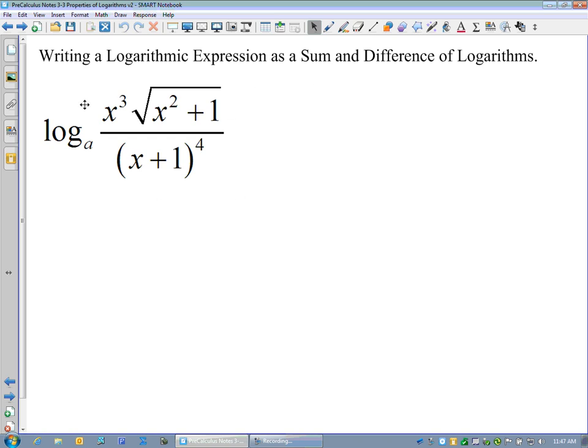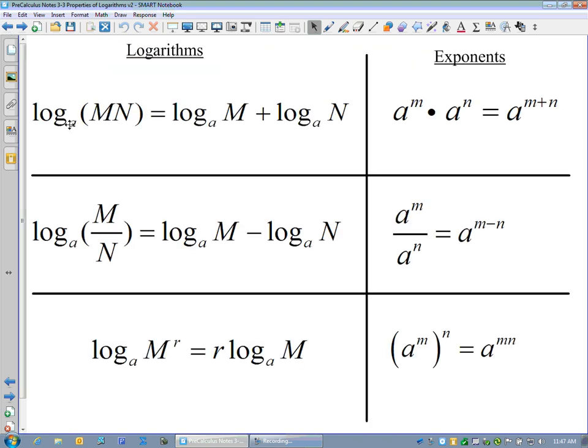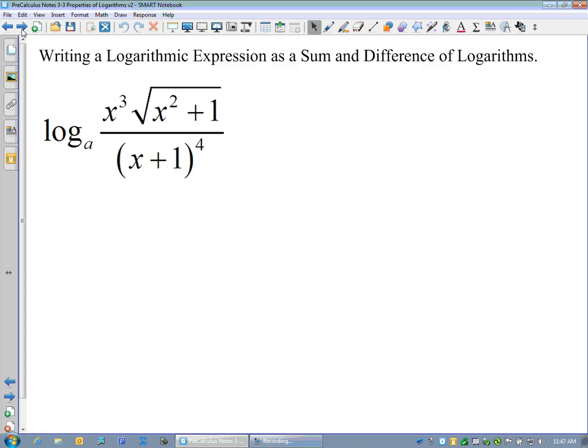So first, to break them up, in using these properties I have found it easiest to use the product property and the division property first, and then the power property at the end. So here, looking at this expression, we do have multiplication, we do have division, and we do have some powers.